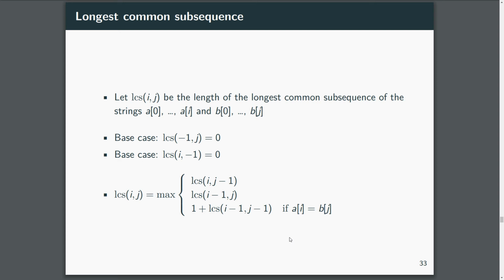We could also skip a letter in the array A. So we reduce i by 1, but keep j the same. Or we could do similarly for B. So we stay at the same spot in array A, so i remains unchanged, and then we reduce j by 1.